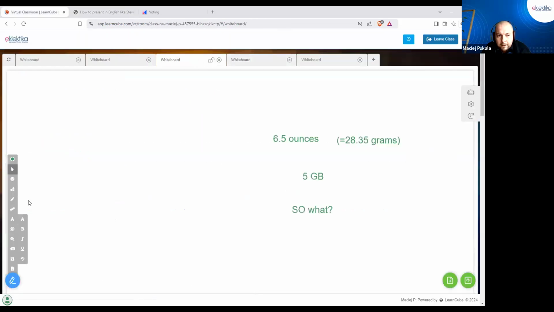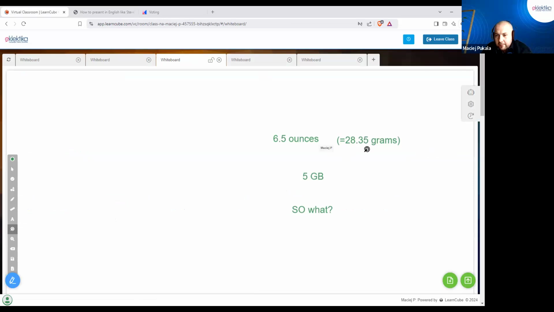Now, here we have some numbers: 6.5 ounces, 28.5 grams, 5 gigabytes. So what? These are the numbers that Steve Jobs had when he created the iPad, okay?